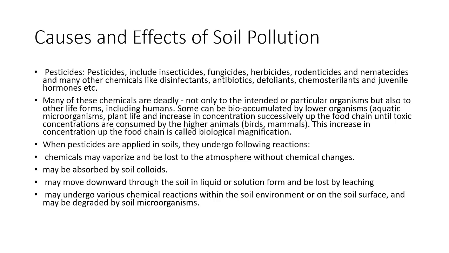Now, many of these chemicals are deadly, not only to the intended organisms, but also to other life forms, including humans. That means these chemicals are not only harmful to the targeted organism, but are getting accumulated in different organisms also.